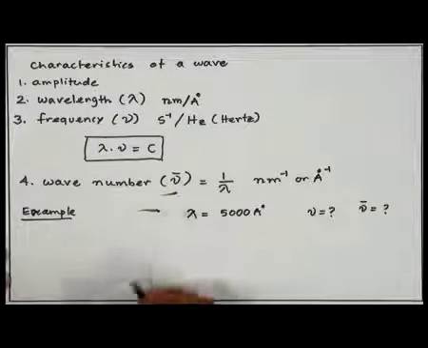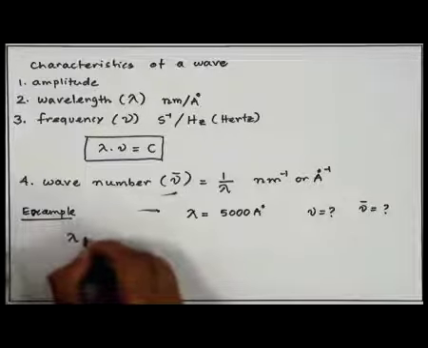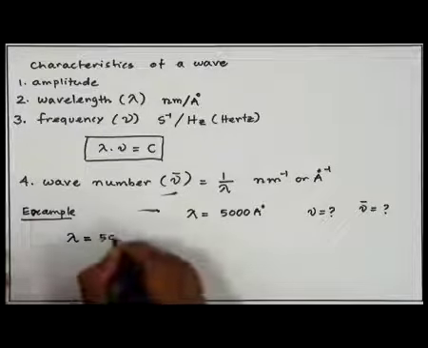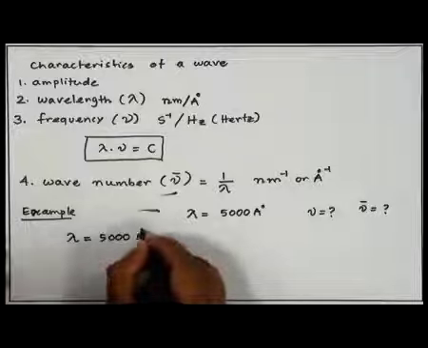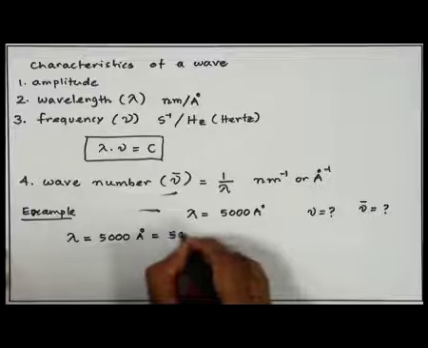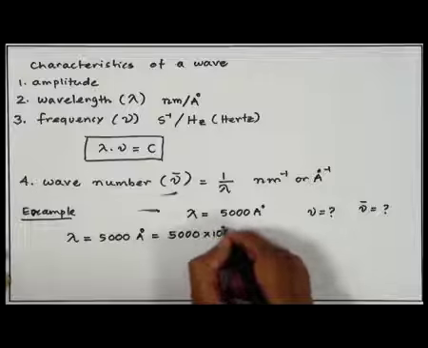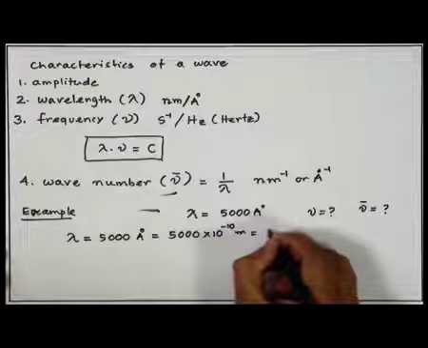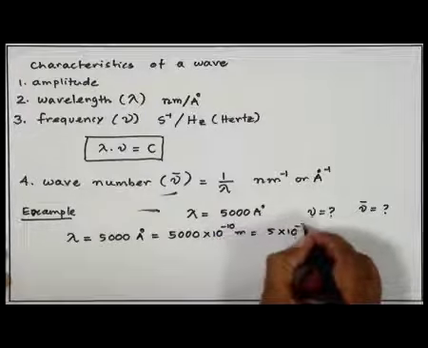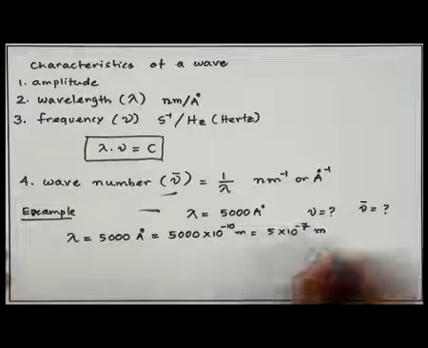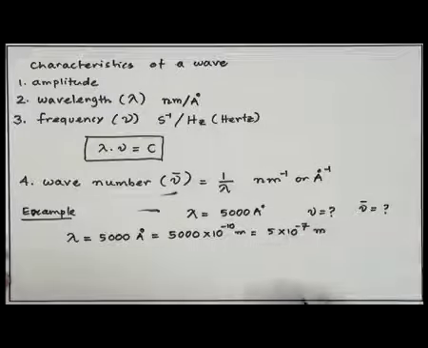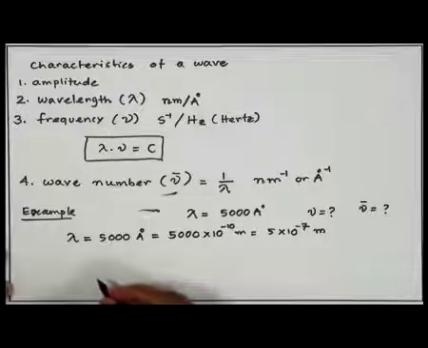Let us solve it. Lambda is 5000 angstrom. You know, 1 angstrom is 10 to the power minus 10 meter. So, I have 5 into 10 to the power minus 7 meter. I am converting the unit to SI. So, lambda is now 5 into 10 to the power minus 7 meter.